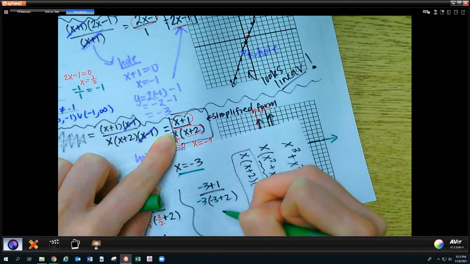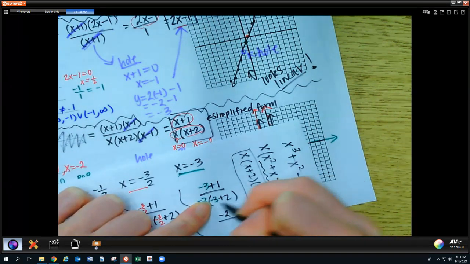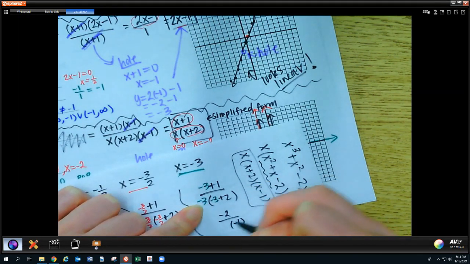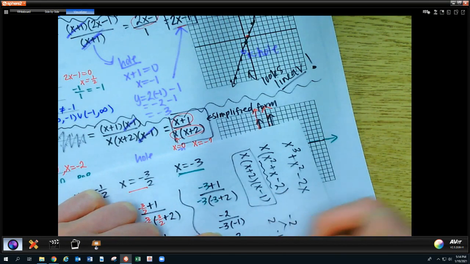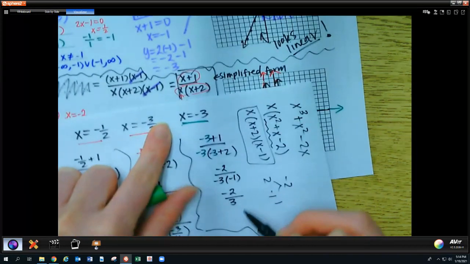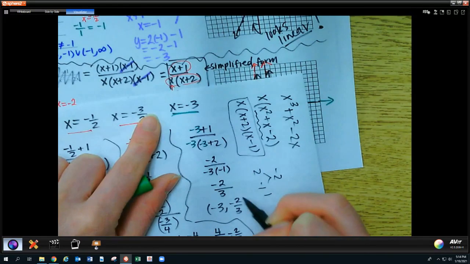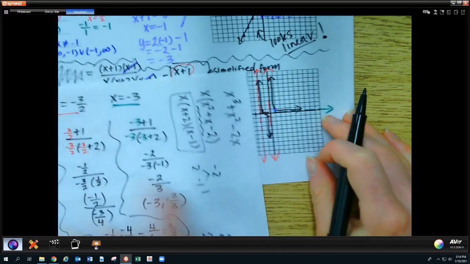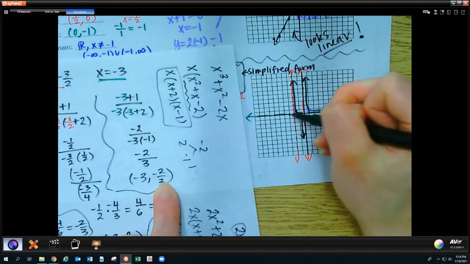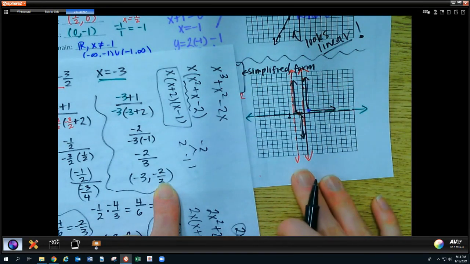So negative 3 plus 1 is negative 2. Negative 3 plus 2 is negative 1. So on top I have a negative 2. On bottom I have a positive 3. Okay, and so I know I have the point negative 3, negative 2/3. Okay, so negative 3, negative 2/3 is right here.